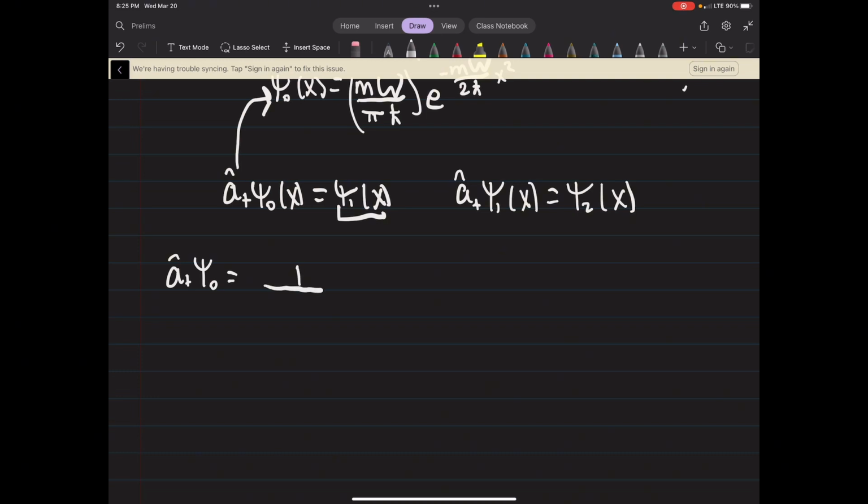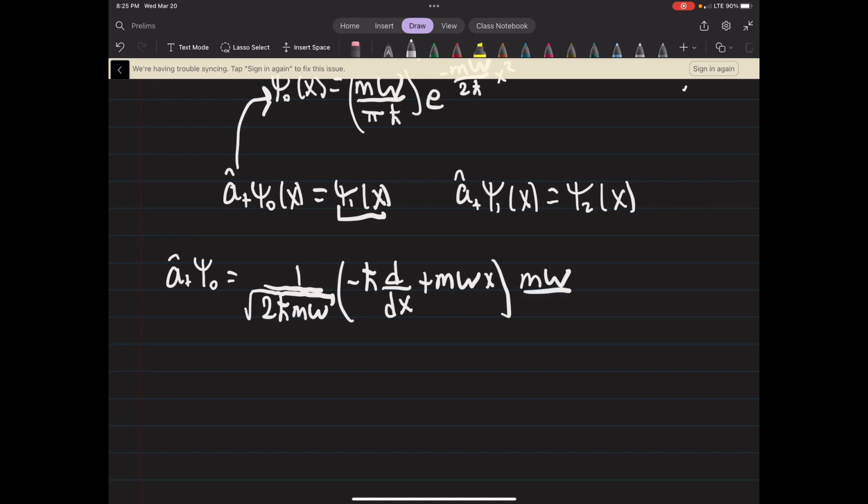So I'm just going to go ahead and plug in what our ladder operator does, our raising operator in this case. That's our ladder operator.